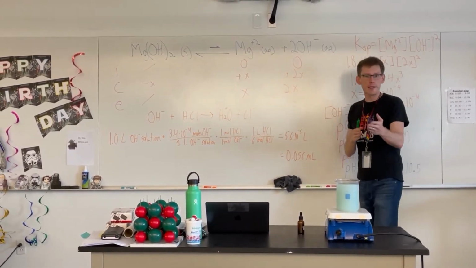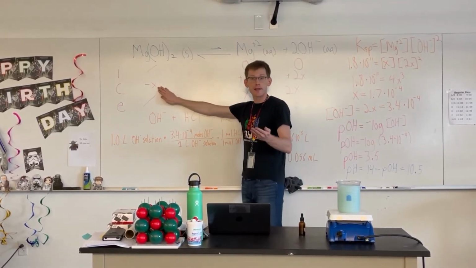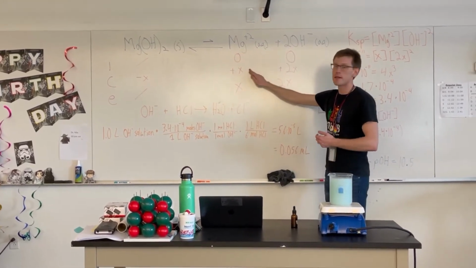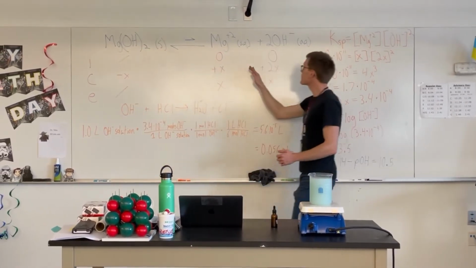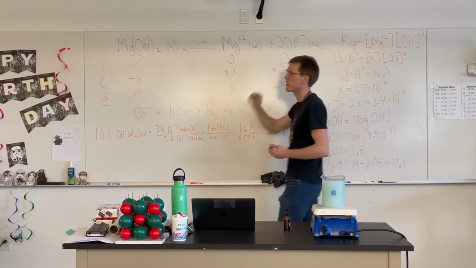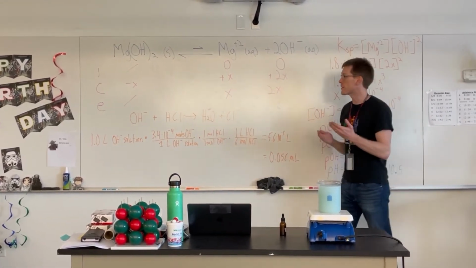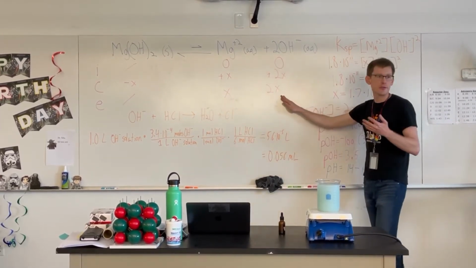Now, when the magnesium hydroxide did dissolve, a certain amount, X of it, dissolved, and that resulted in X magnesium ions going into solution because they are 1-to-1. Also, 2X hydroxide ions went into solution because there are 2 hydroxides per magnesium hydroxide. And so we ended up with a final concentration of X magnesium ions and 2X hydroxide ions.